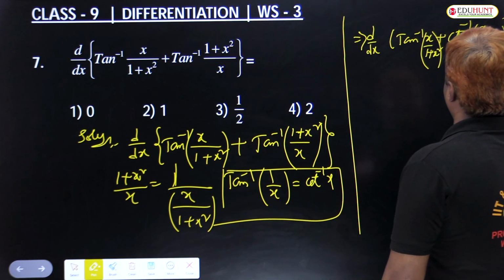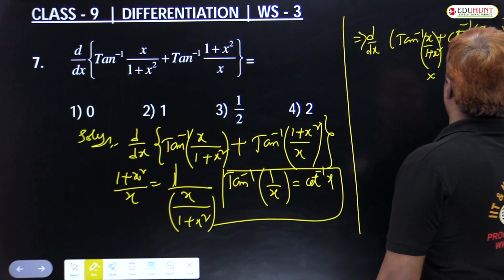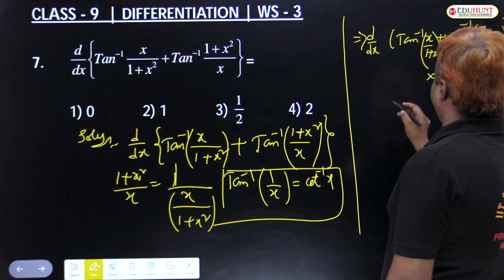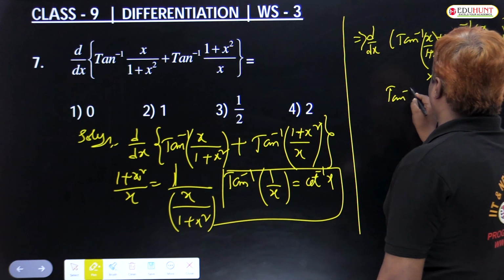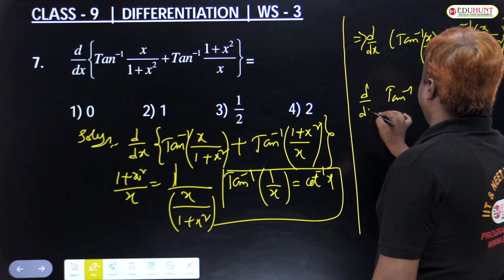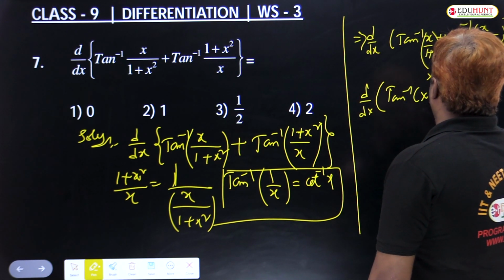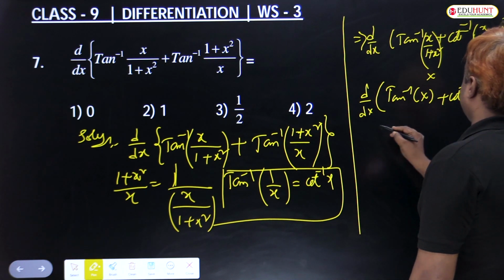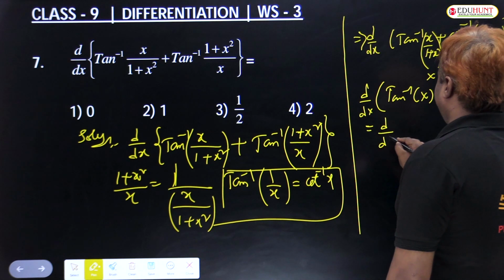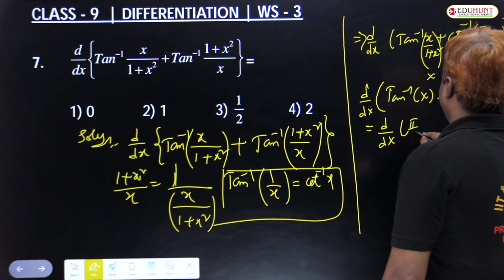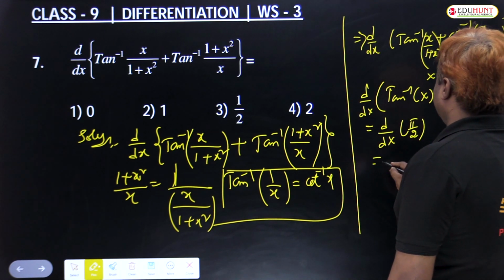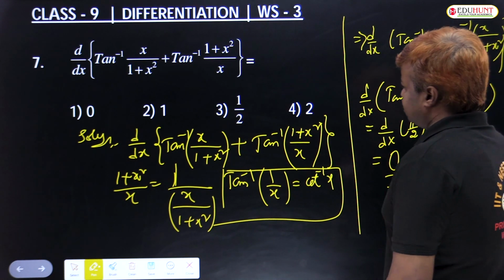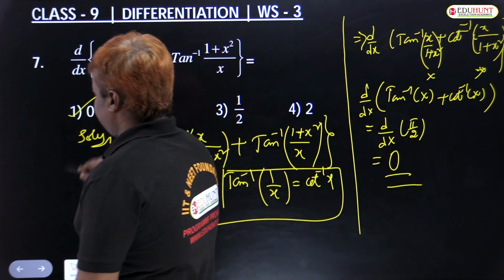So now tan inverse of x plus cot inverse of x: children, the value here is 90 degrees. So d by dx of 90 degrees, the value is 0. So 0 is the first one.